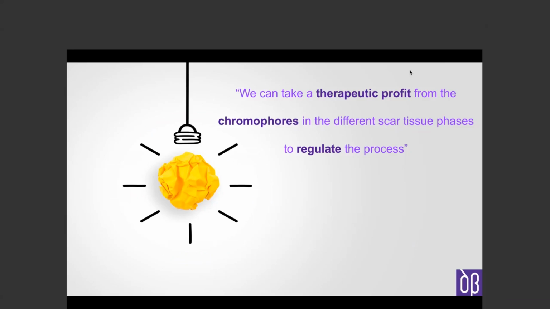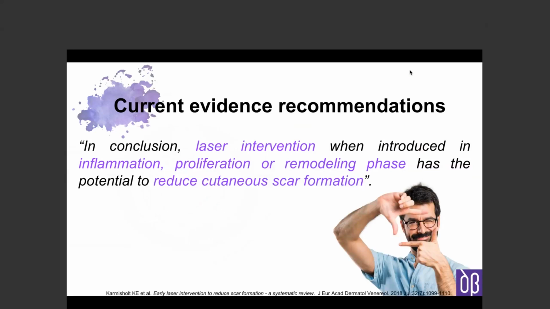So we can regulate the scar tissue process, and we can do some prevention against keloid and hypertrophic scarring using these weapons written down here, the vascular lasers and the fractional lasers. The current evidence recommends an early intervention with laser during the inflammation, proliferation, and remodeling phase, and I remind you that this is during the first 3 weeks after the trauma.